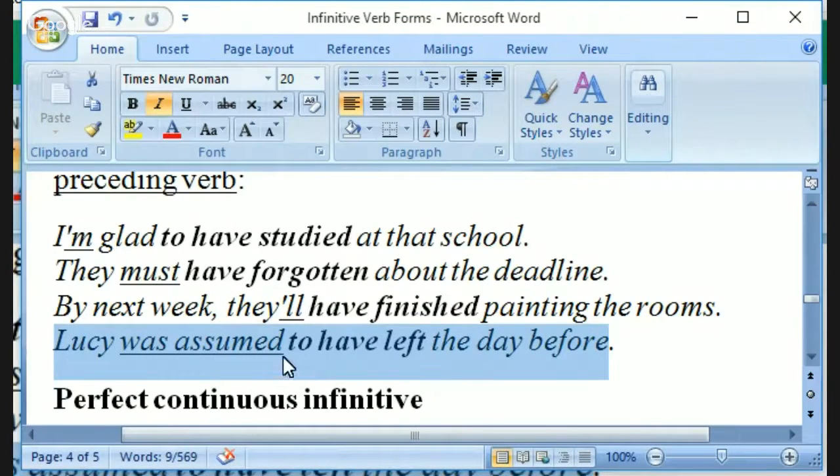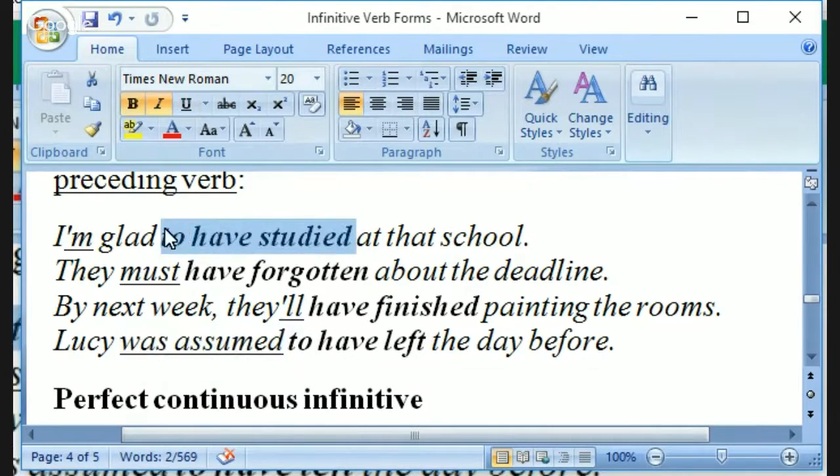Well, no, not true. Lucy is assumed to have left the day before. No, that's fine, because the first sentence is present tense, so it's a similar structure. In either case, all right.